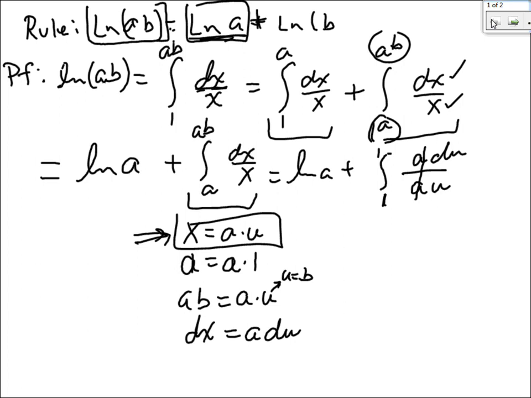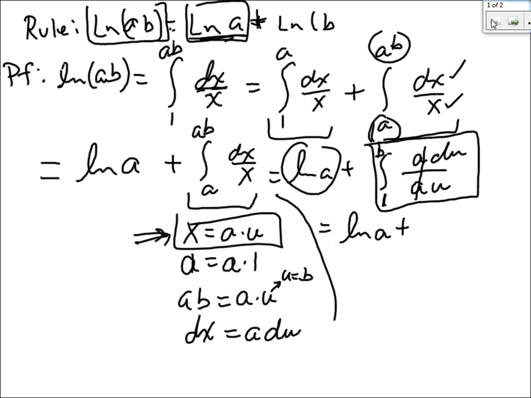And look at that, 1 to b. I now have ln of a plus this integral, which is the integral from 1 to b of du over u. That's just ln of b. And the first theorem has been proved.